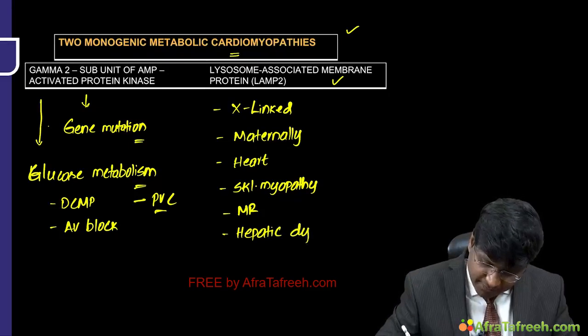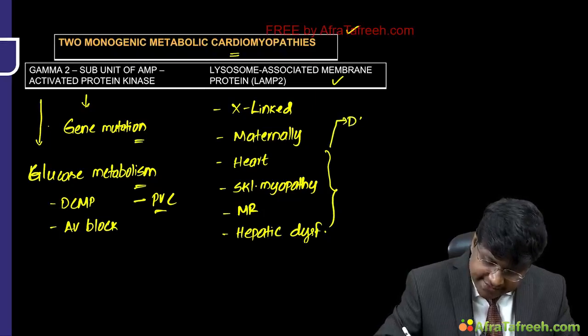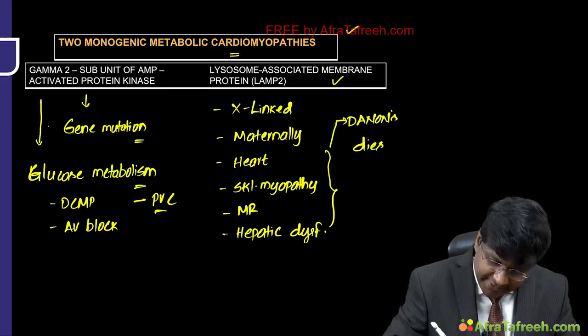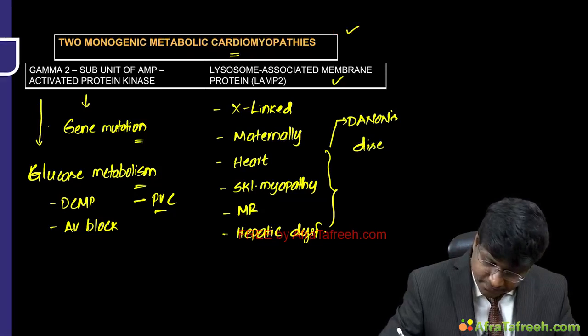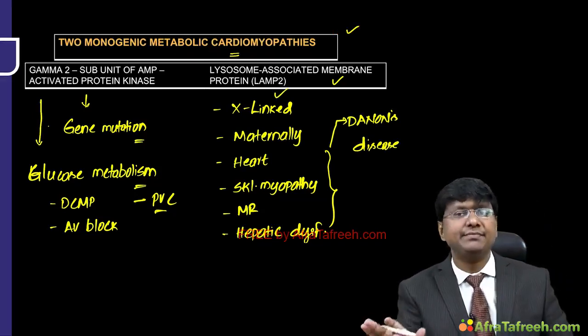This combination we call Danon's disease. So Danon's disease is due to a defect in the LAMP2 gene mutation.